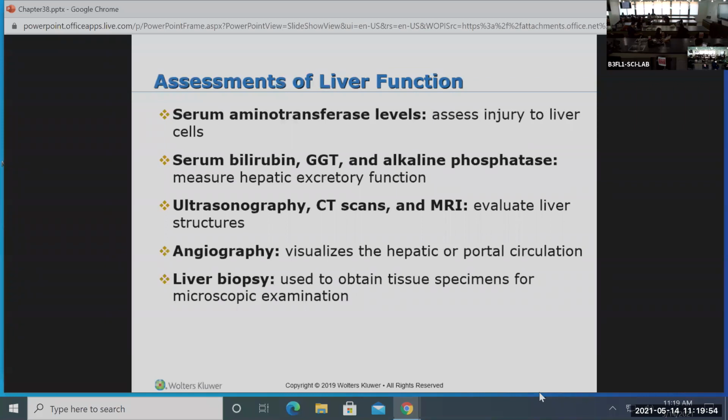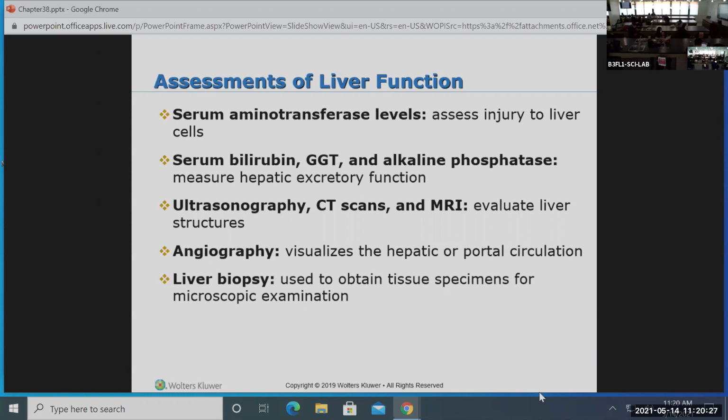Please remember right now, these are the assessments of liver function. These are the tests we use. Number one, serum aminotransferase level.